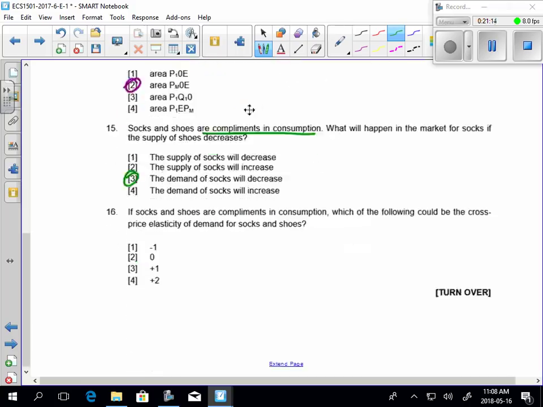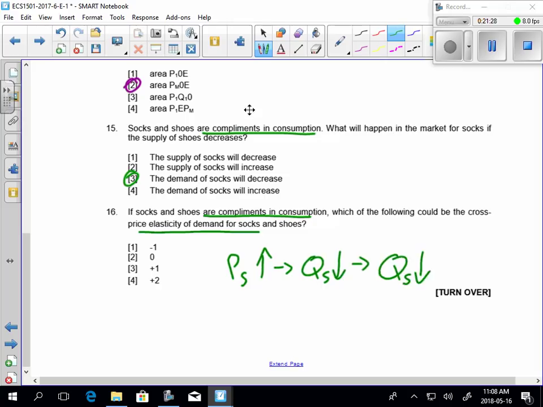If socks and shoes are complements in consumption, what would be their cross-price elasticity of demand? So we've got the price of shoes that increases, the quantity demanded of shoes decreases, and then the demand for socks decreases. You can see these arrows move in the same direction, which means you use them together. But we're not looking at that.